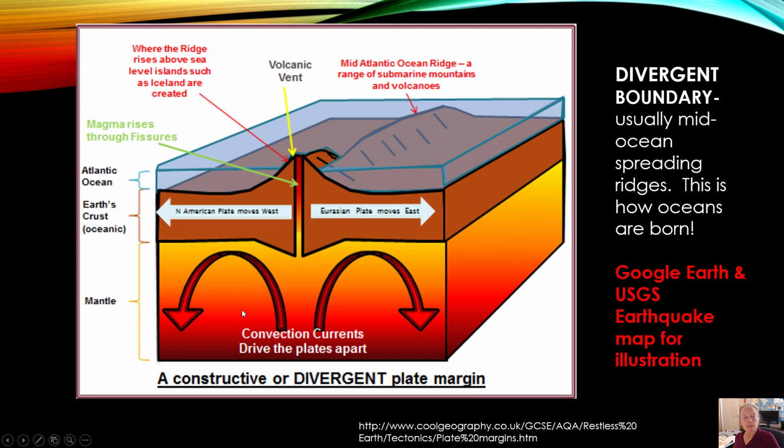It would work something like this. Now this is the lithosphere up here, and these arrows are showing you the mantle. We don't talk too much about the mantle, but essentially the mantle, which I'll explain a little bit more about later, is what makes the plates move. It's not quite solid, it's not quite liquid.